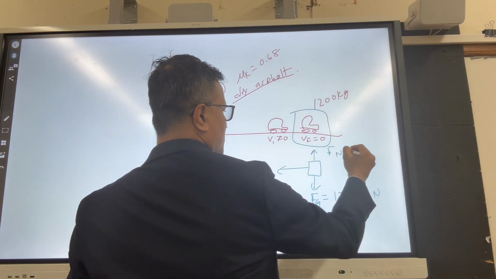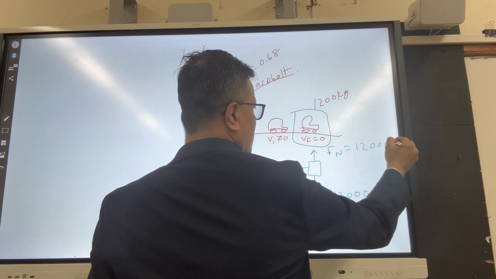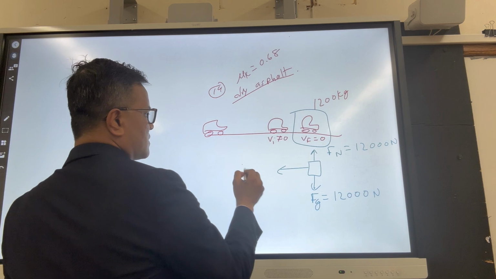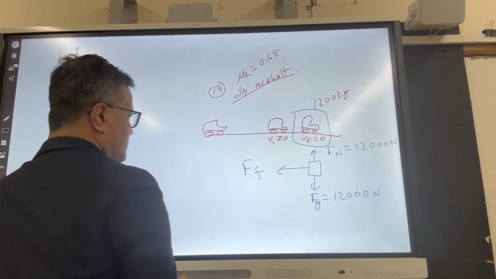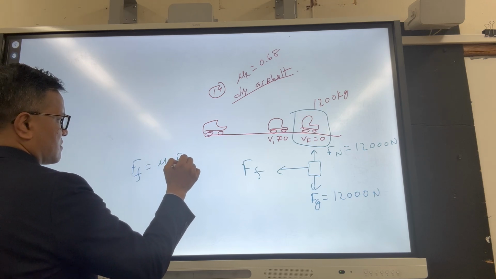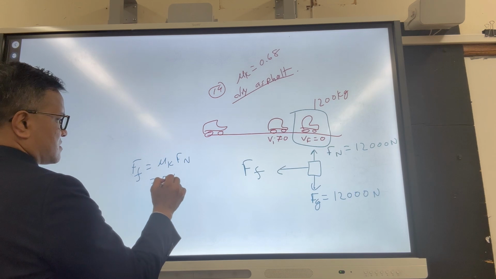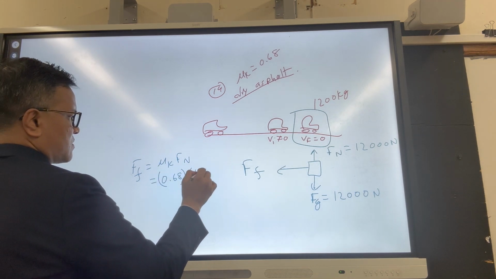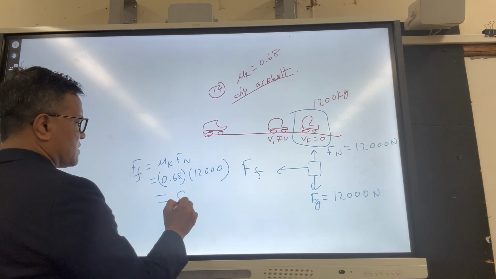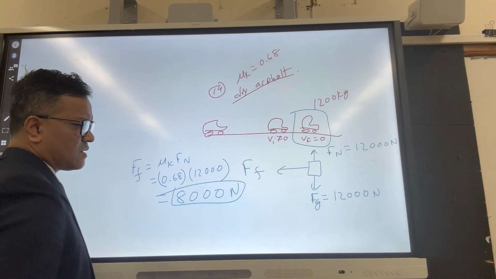So Fn must also be 12,000 Newton. And this is Ff, which we try to find. Ff is equal to mu k Fn. Mu k is 0.68, Fn is 12,000. So about 8,000 Newton of friction force.